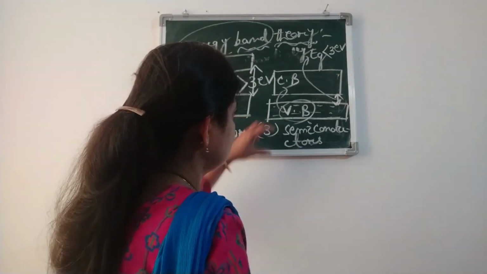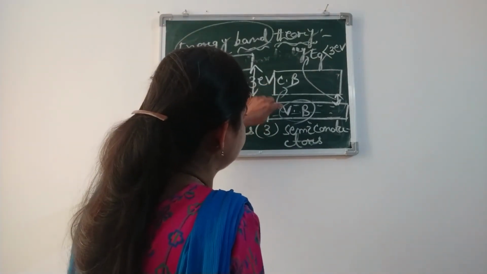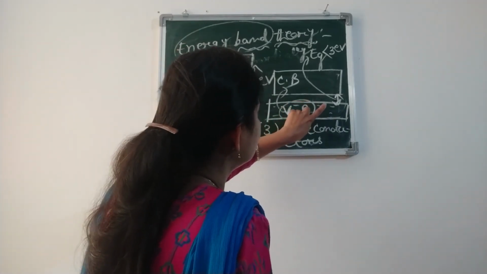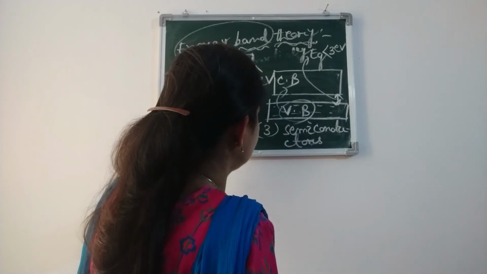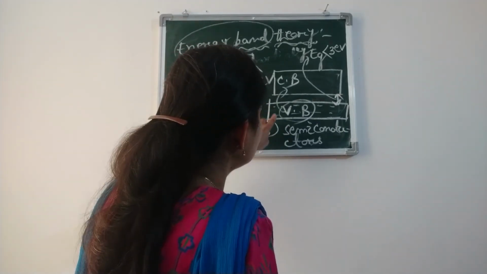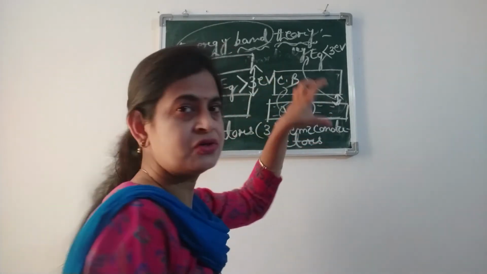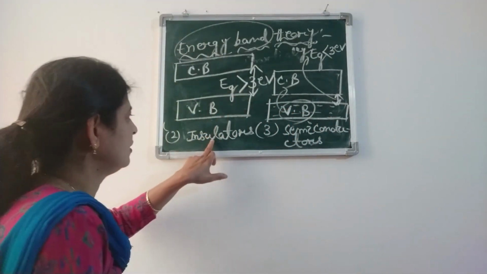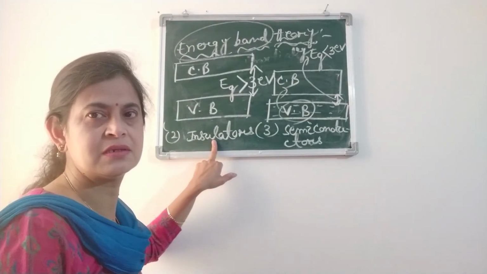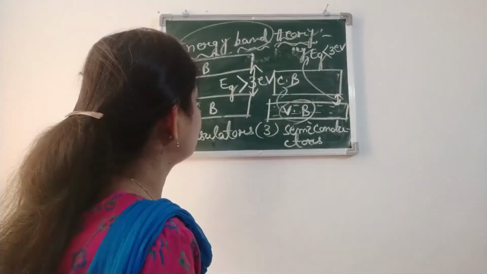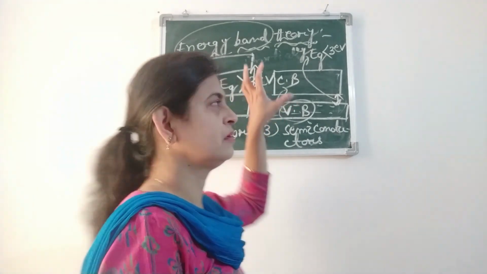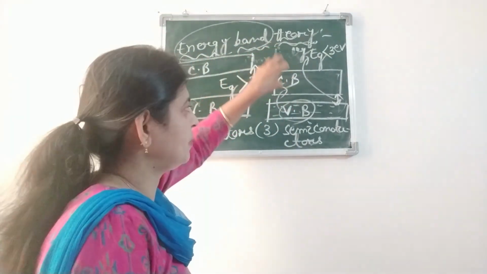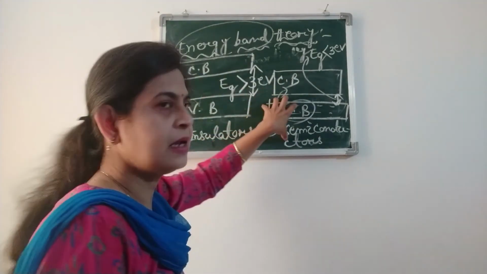So at absolute zero temperature the semiconductor will act like an insulator. So this is all about energy band theory for metals, insulators and semiconductors.